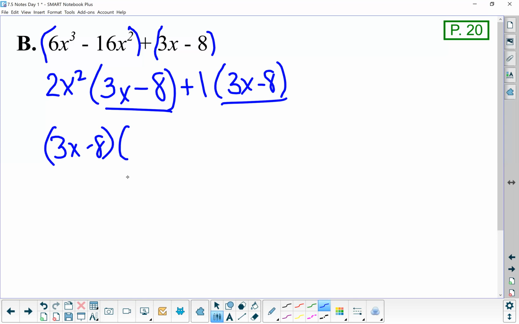And when I take that out, I have 2x squared plus 1. Can I factor 3x minus 8? Well, it's a linear factor, so no. Can I factor 2x squared plus 1? And the answer is no. Now, if that were two terms with subtraction, there's a possibility I could have a difference of two squares. But in this case, it's addition, so we cannot factor it.